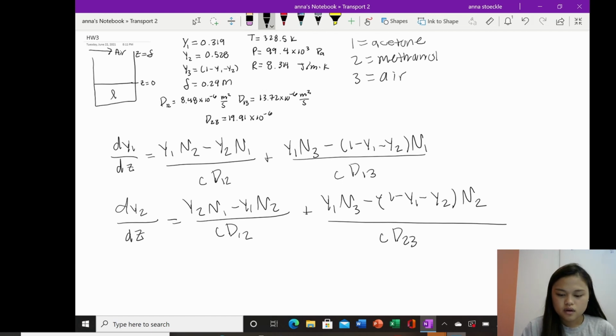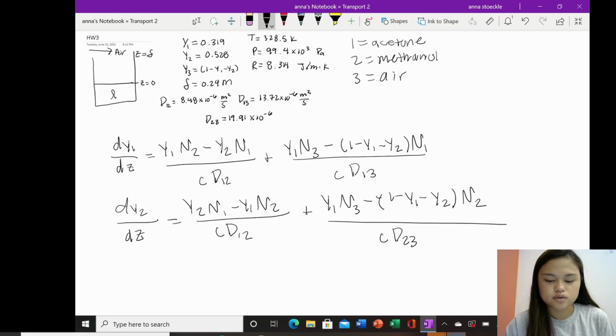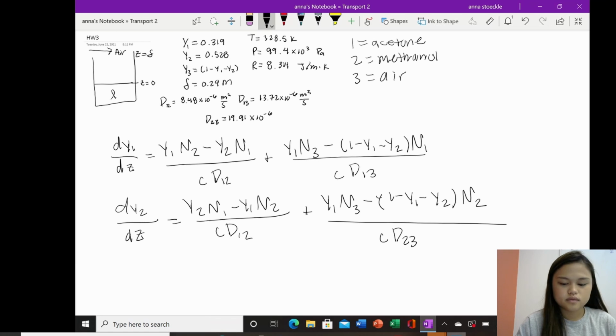Okay. Now, later I can use these differential equations and the given initial conditions to integrate and solve these as an IVP, initial value problem. But first we need some initial guesses for those molar fluxes, because those are not given.